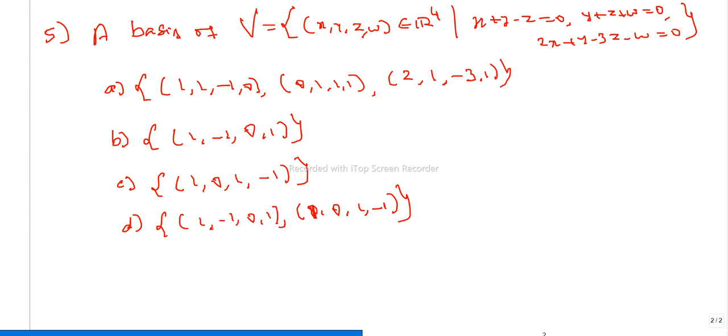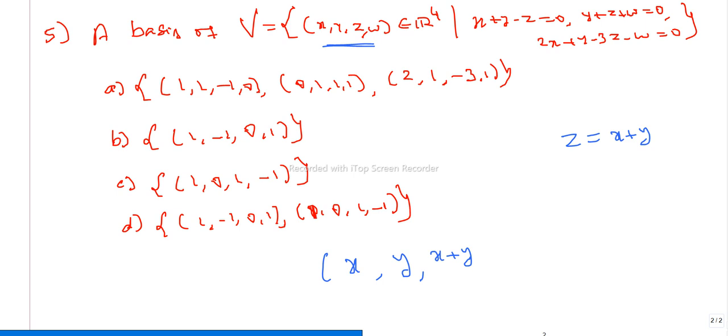So first you have to find the dimension of V. So how to find the dimension of V? There are four unknowns x, y, z, w. So using the given equation conditions, you have to reduce the variables. From the first equation you can replace z equal to x plus y. Now we have x, for the time being we have y, but z I am going to replace by x plus y. Now what about w?